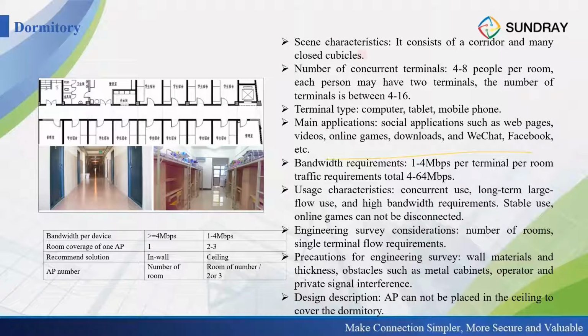First, for the dormitory, we recommend the inward AP. One dormitory, one inward AP. And further, if you want to use the Sally AP, just make sure that the speed will not be as good as the inward AP, because when we use the Sally AP, one or two dormitories share one AP.